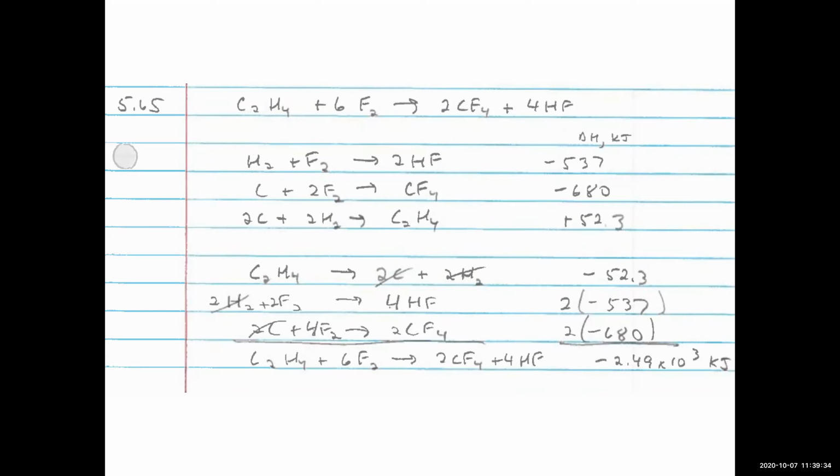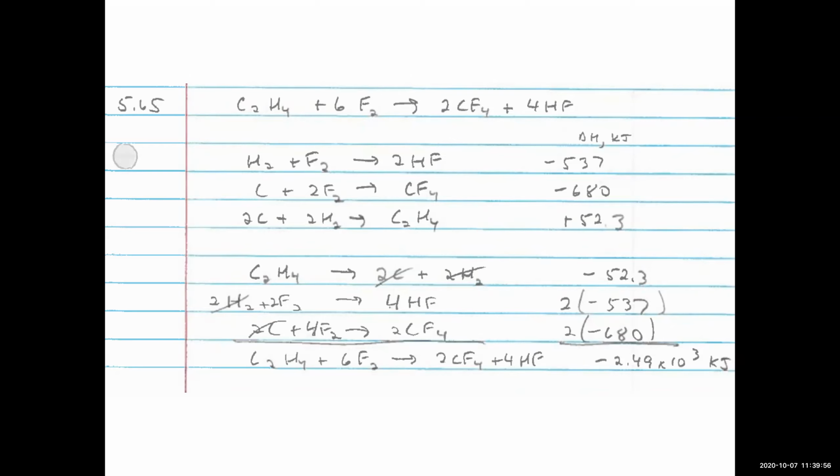So then that would balance. The same thing with that HF. We want 4 in our final reaction, right? In our intermediate reaction, we only have 2. So we need to multiply all of that by 2. So that gives us 2H2, 2F2 going to 4HF.